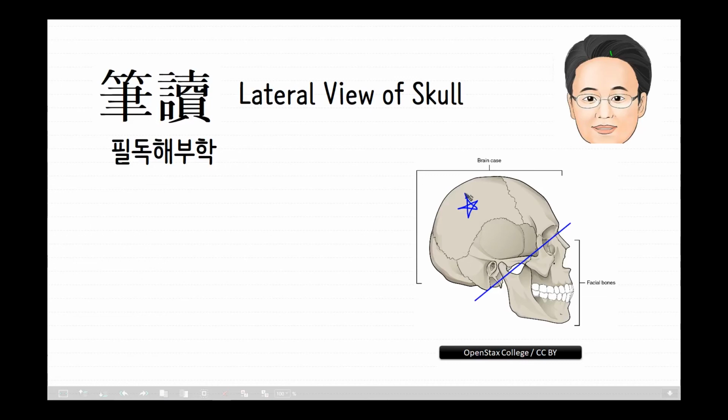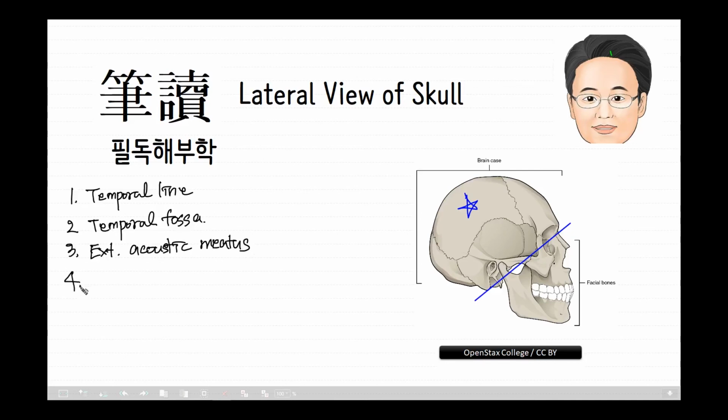First, I will show you the names of the 12 structures. First, the temporal line. Number 2, temporal fossa. Number 3, external acoustic meatus.